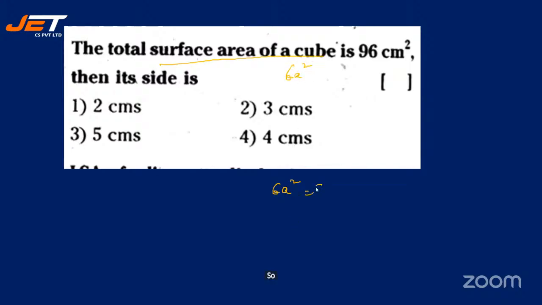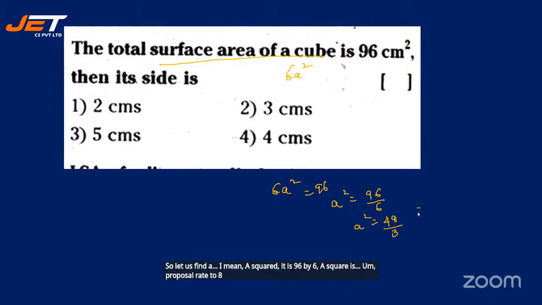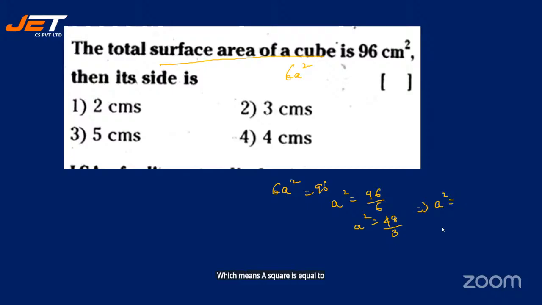So this is 96, and they're asking you the value of a. So let us find a square, it is 96 by 6. A square is, 2 4s are 8, 2 8s are 16, so a square is equal to 16. So a square is 4 square. So a is 4 centimeter. So this must be the answer.